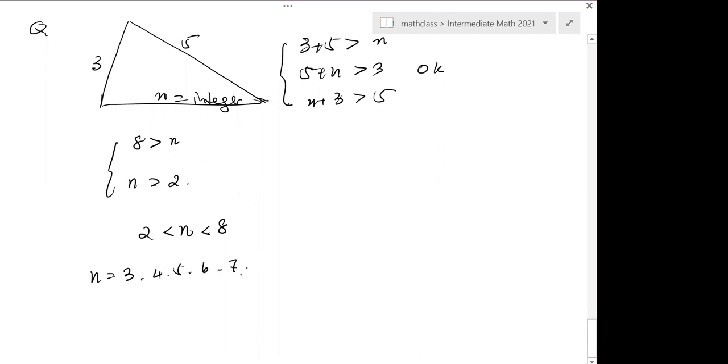So you have this many choices for n. My question is, among them, what is the largest area? Wow. Okay, think about that. When n equals 3, you get an isosceles triangle.